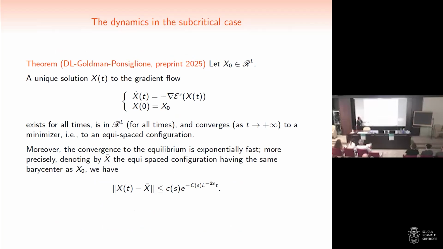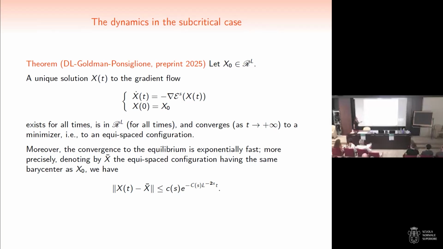Namely, if I denote by x naught the equispaced configuration that has the same barycenter of x naught, because global translation is completely useless for the dynamics, then the convergence of my solution to this equilibrium is exponentially fast, and the exponent depends on this constant here.